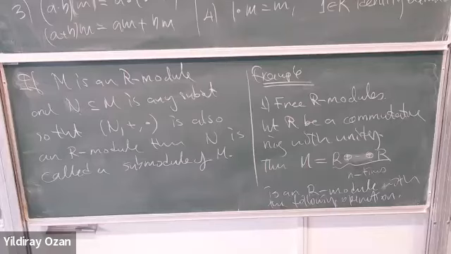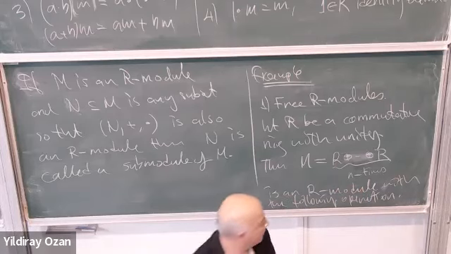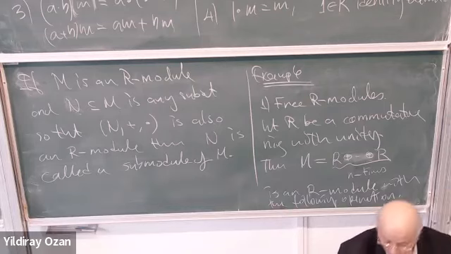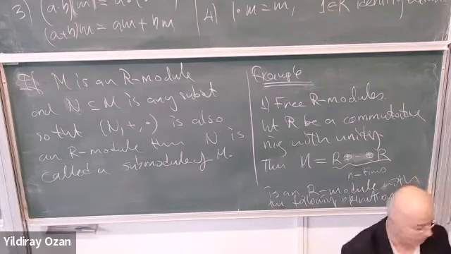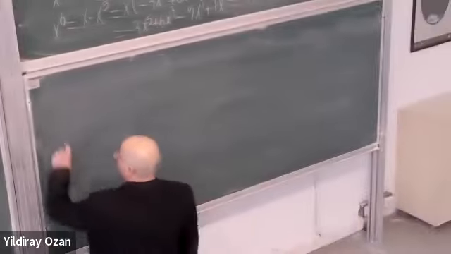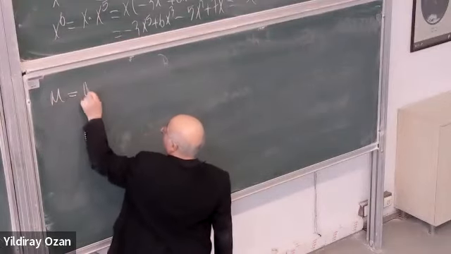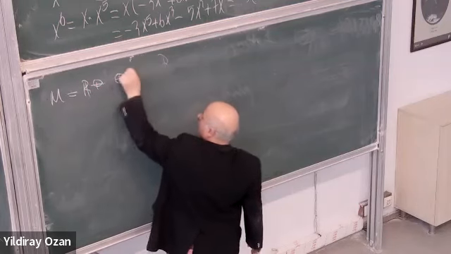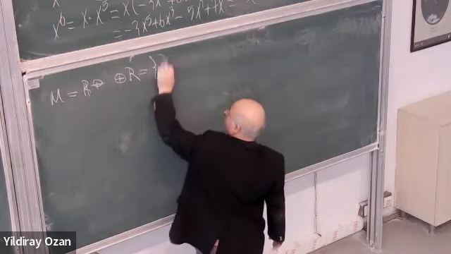Yani nasıl vektör uzaylarında field'ın n tane kopyasını alıyorsunuz, aynı şey. Operation'lar şunlar. Yani n-tuple'lara bakıyoruz. So what is this?